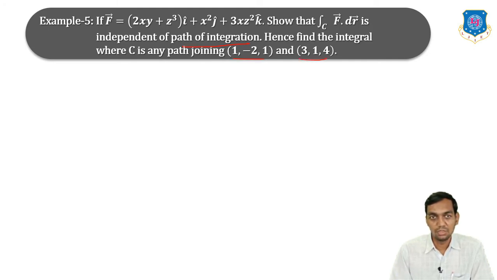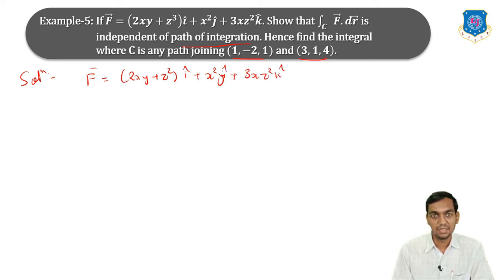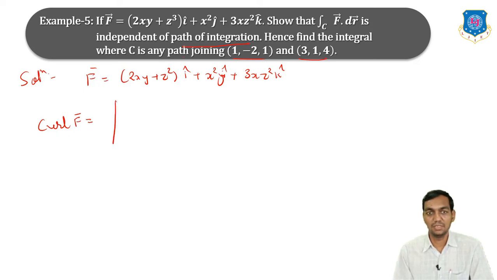So first of all, if you are starting with a solution, then f bar is 2xy plus z cube i plus x square j plus 3xz square k. Now first, for path independence, you have to show that f bar is conservative. And f bar is conservative, that means we are going to find the curl.